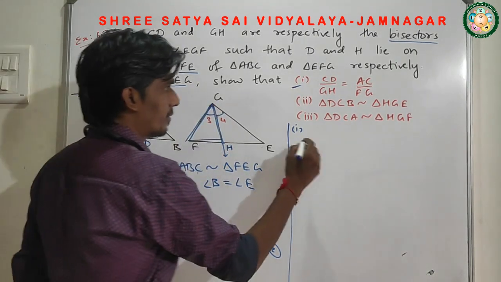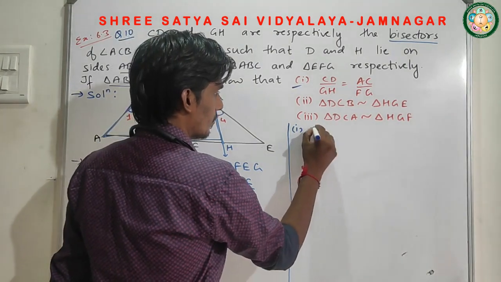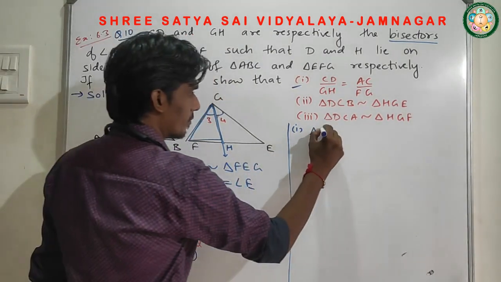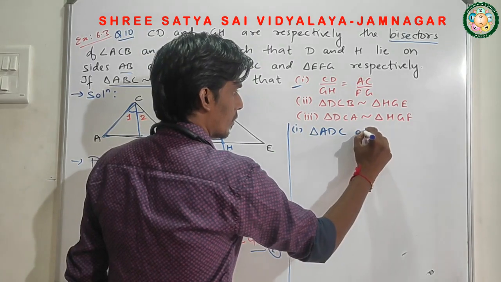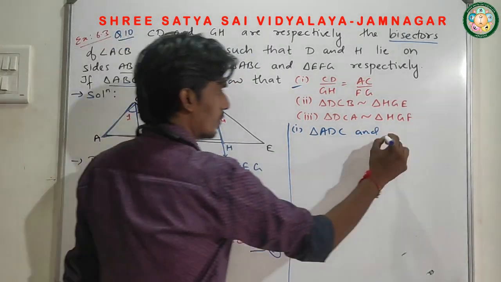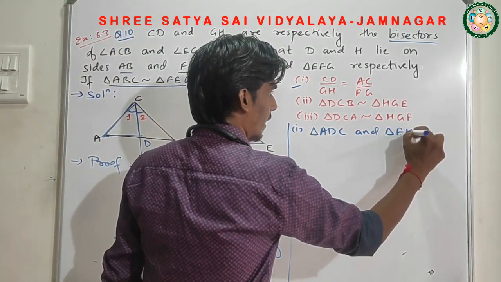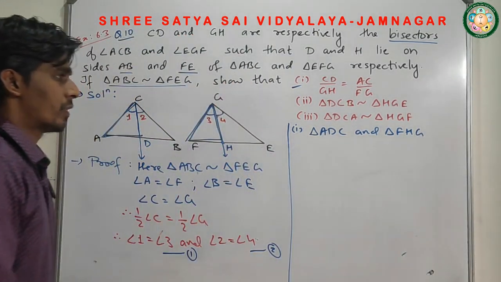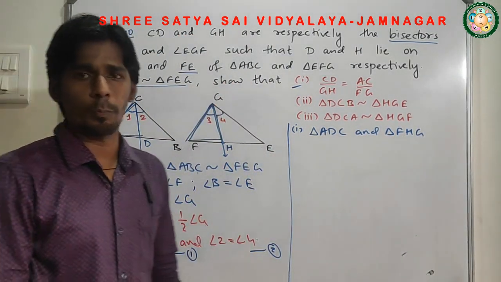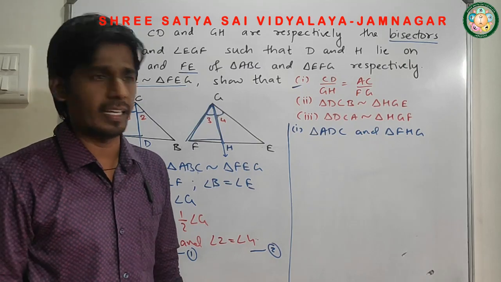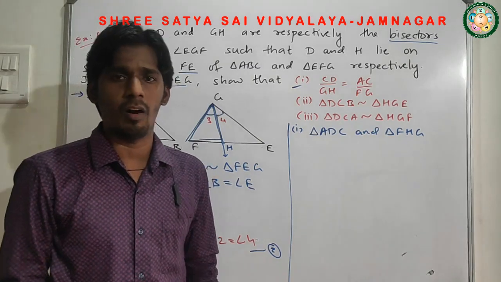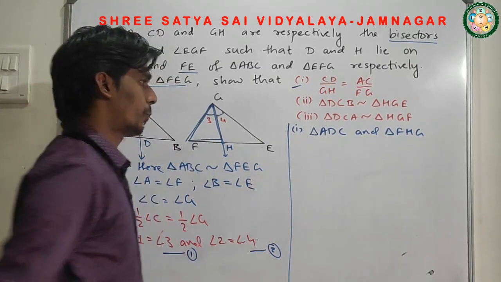So let's take this triangle ADC and triangle FHG. Now we know that there are three conditions to prove similar: either angle, or side, or side. Let's try to prove this one.